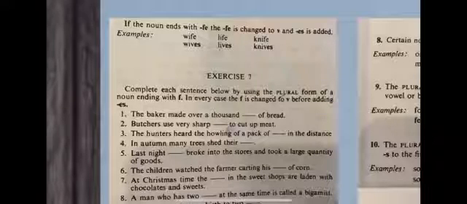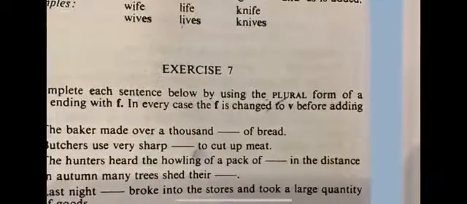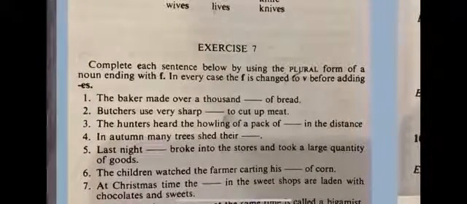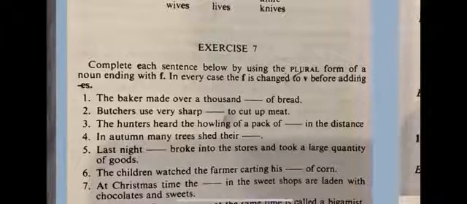Now what you have to do, you have to complete in exercise 7, you have to complete each sentence below by using the plural form of a noun ending with f. In every case the f is changed to v before adding es.